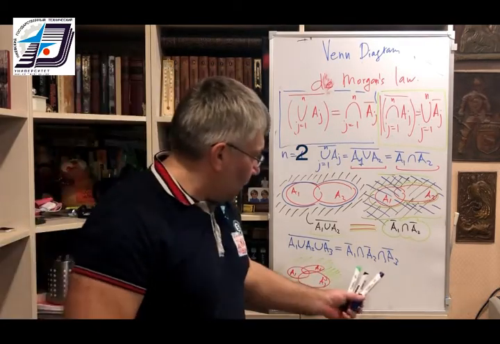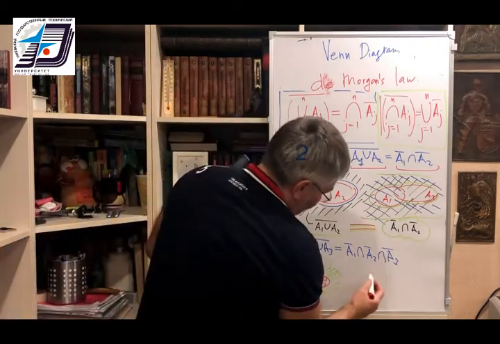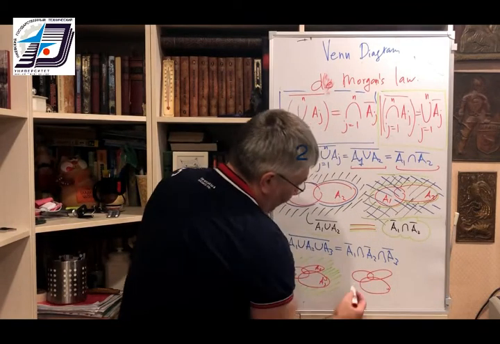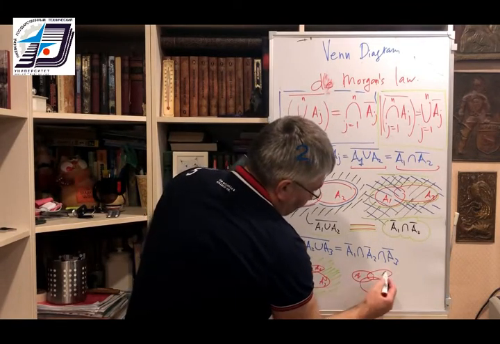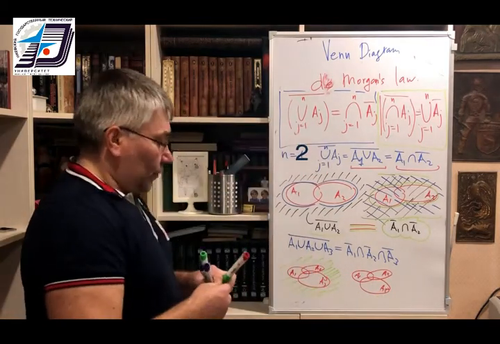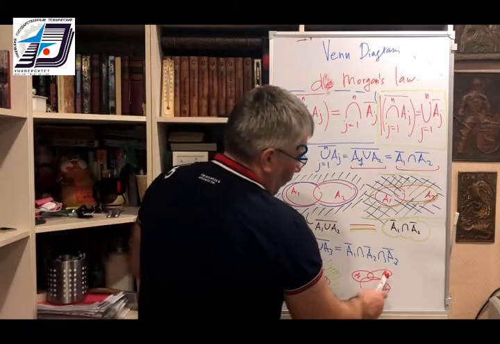What about the right side? We have A1, A2, A3, but previously we have to consider the negation of each of them.